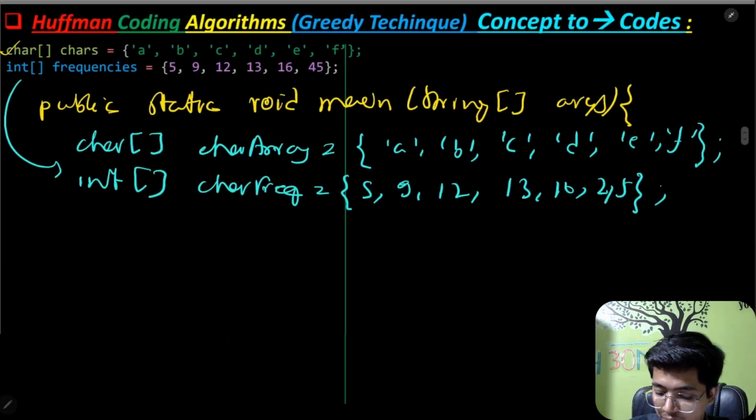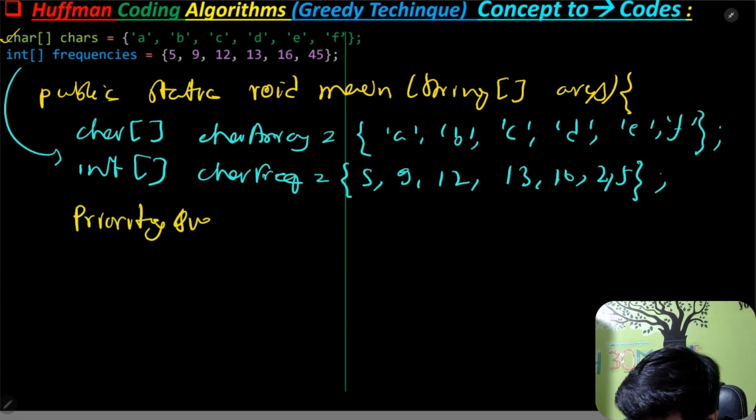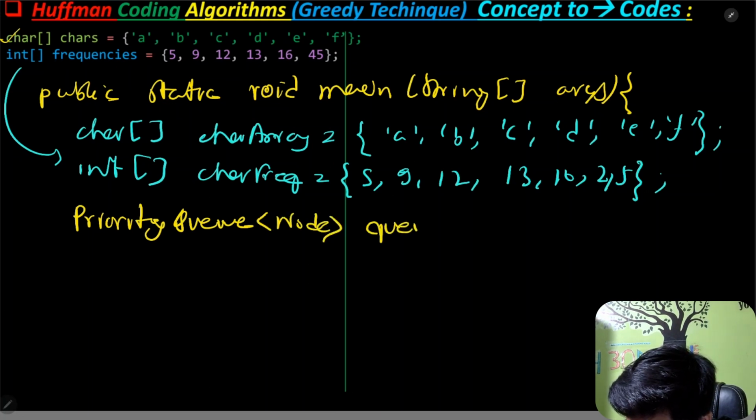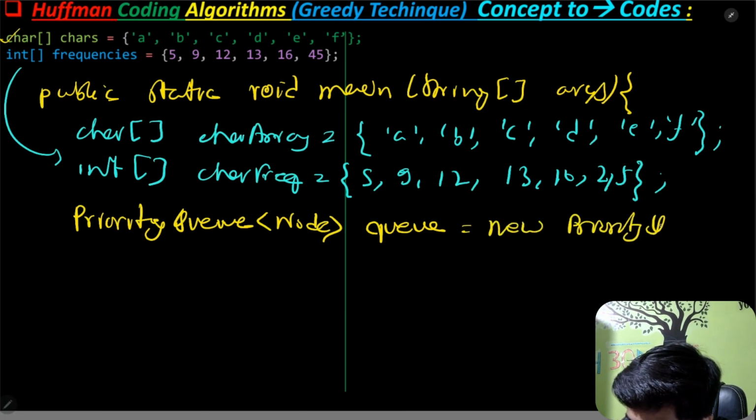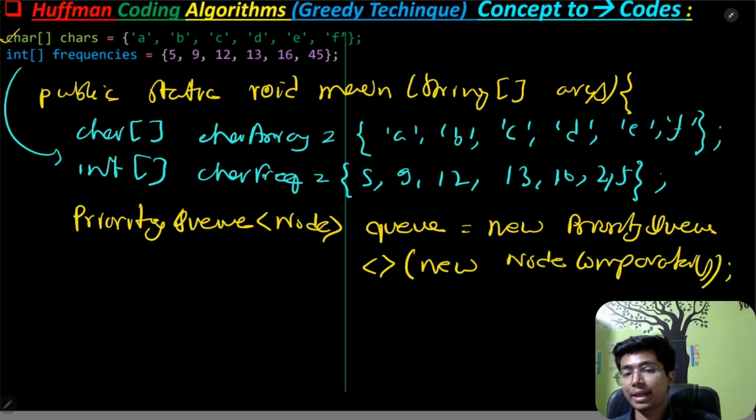Let's write code for that one: PriorityQueue<Node> queue = new PriorityQueue<>(new NodeComparator()). So we have created a queue utilizing the custom node comparator.